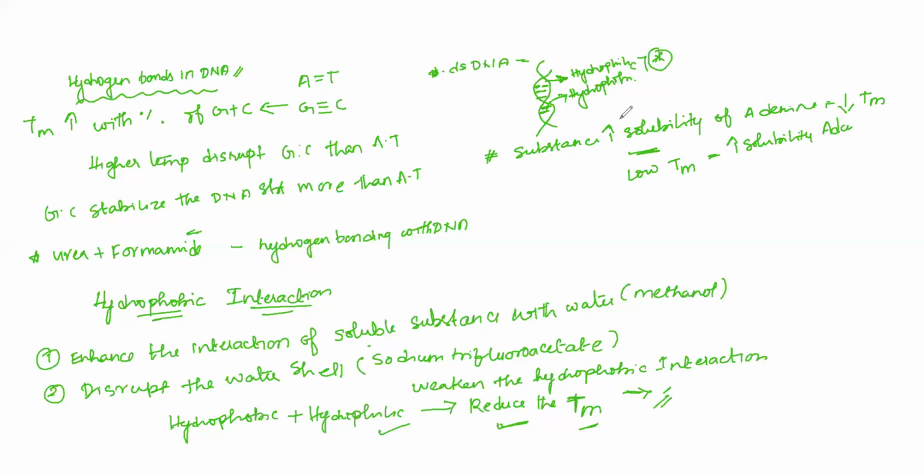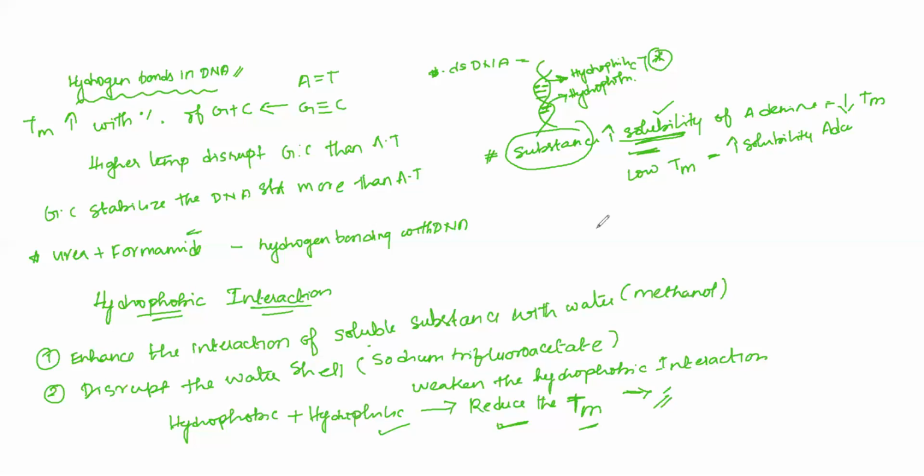As of now, it does not have anything to do with stabilizing the structure. The nucleotide bases present inside are hydrophobic, so they used substances which increase the solubility of these nitrogen bases. As the solubility increased, there was a lowering of the melting temperature. This is what they concluded.